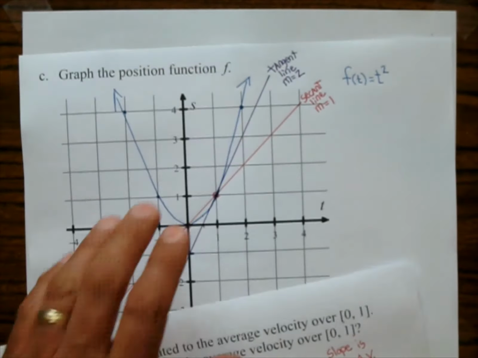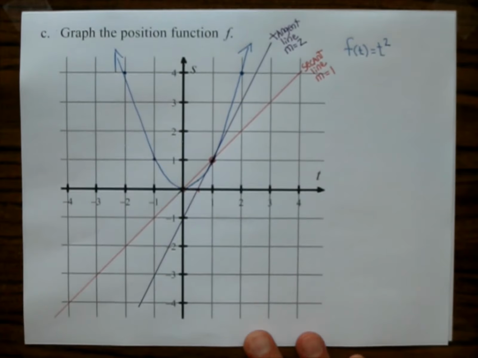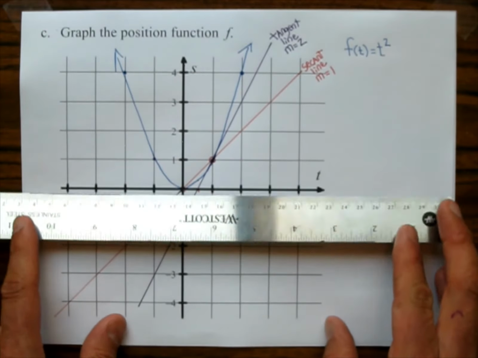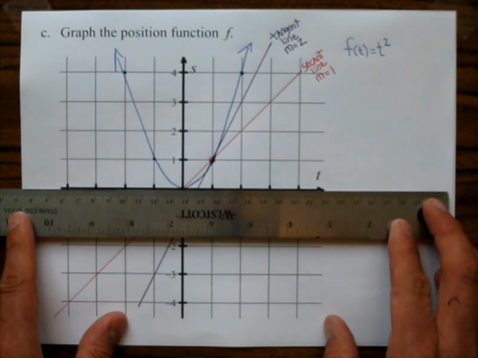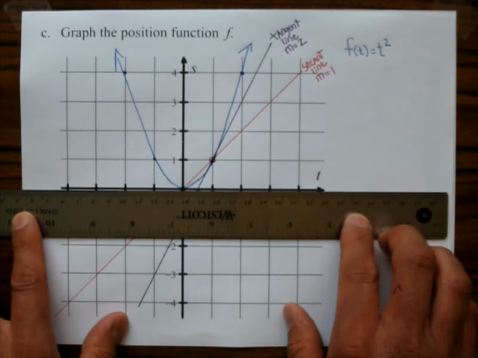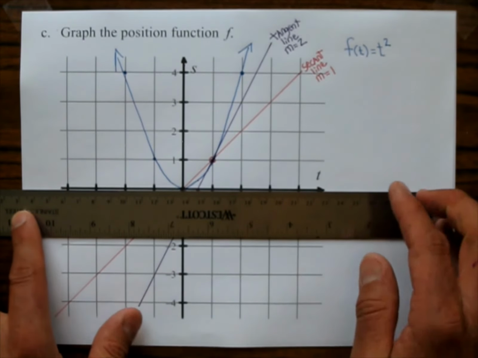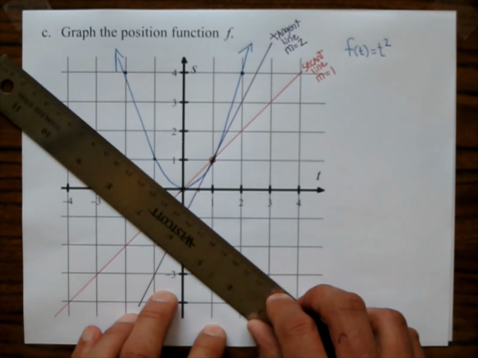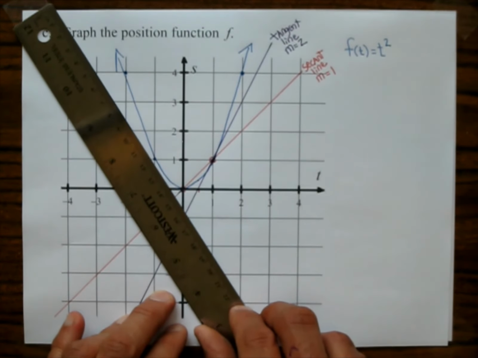And so you could figure out, hey, what if I wanted to find the instantaneous velocity on this parabola at time 0? Well, what's the slope of that line right there? It would be 0. And what if I wanted to find the instantaneous velocity at -1 seconds?